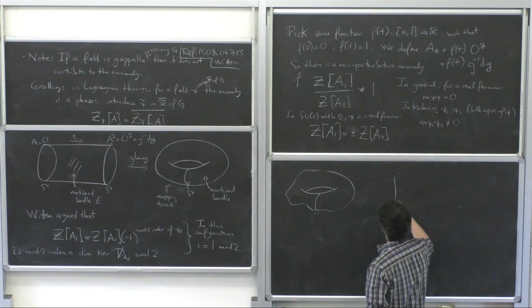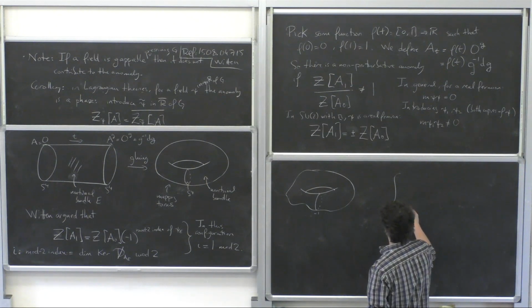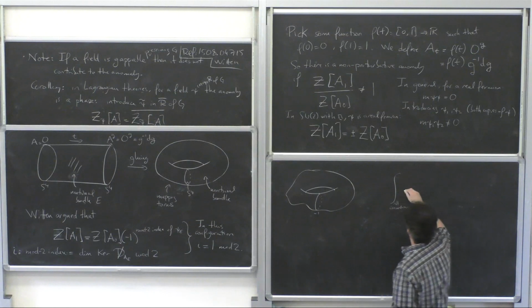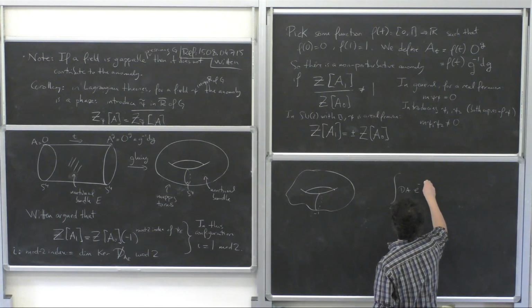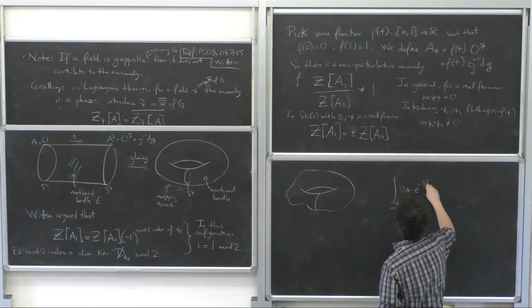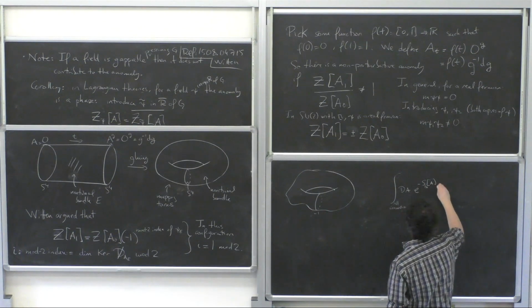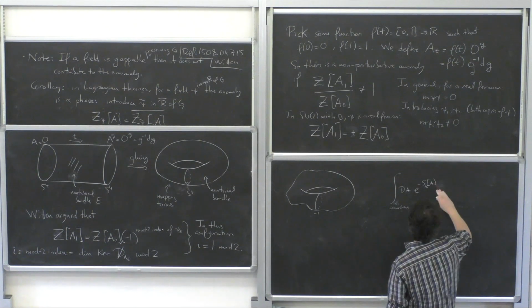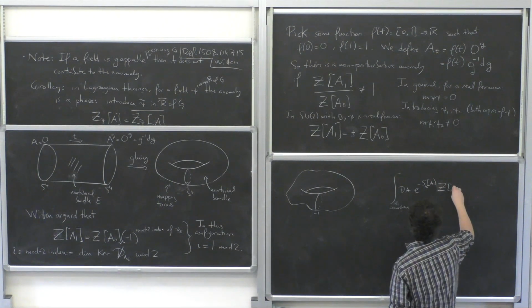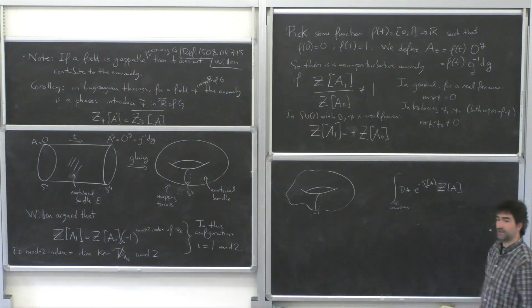So this will be the integral over all connections, not modulo gauge transformations, all connections, dA e to the minus S Yang-Mills of A, so the Yang-Mills term, times Z of A. That's the integral we want to do, right?